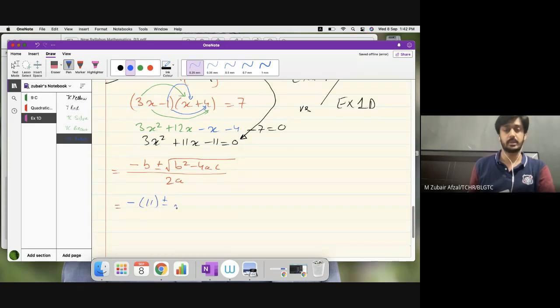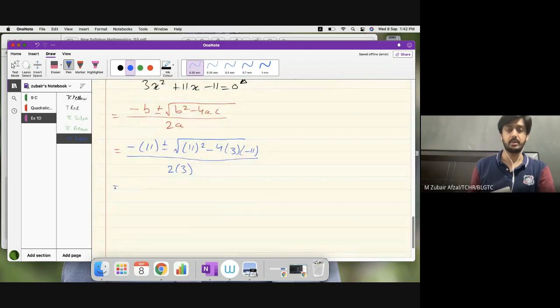So this is plus minus square root b square minus 4ac. One of the students encountered a problem. He was asking, how can we put plus minus both? But the answer is you have to do one at a time. Make a habit: first do it with the positive sign and then the negative sign.